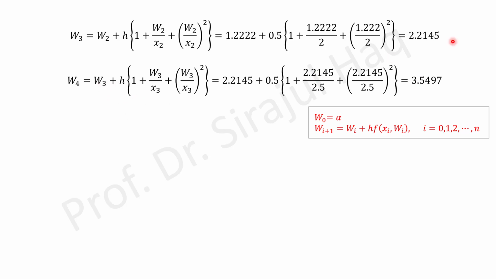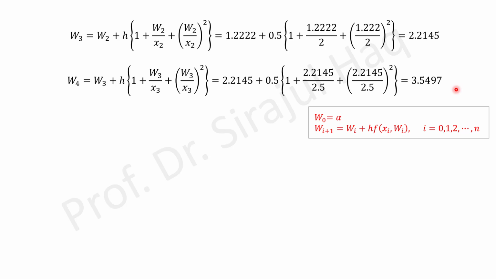Now W3 is 2.2145, X3 is 2.5. Just substitute the values over here, and when you simplify it, you get the solution at X is equal to X4, and this is the final point of your domain.